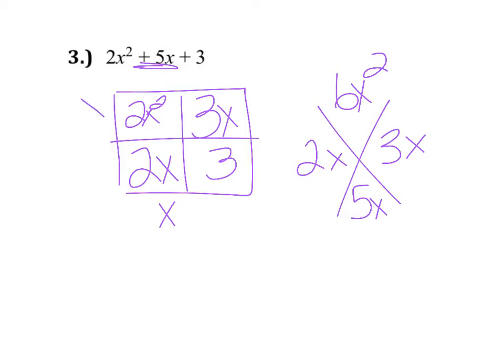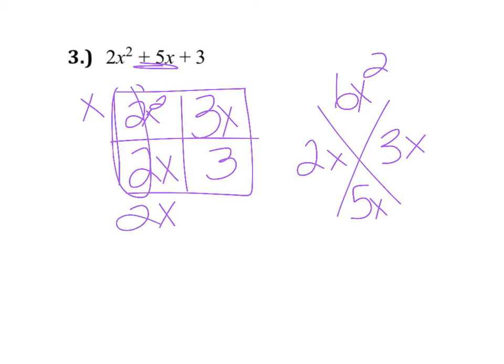Automatically, I'm going to put those x's outside, because that is going to be in the problem no matter what. So, looking at our first column, besides an x in common, we have a 2 and a 2. Well, 2 and 2 have a 2 in common. So the greatest common factor out here is going to be a 2.